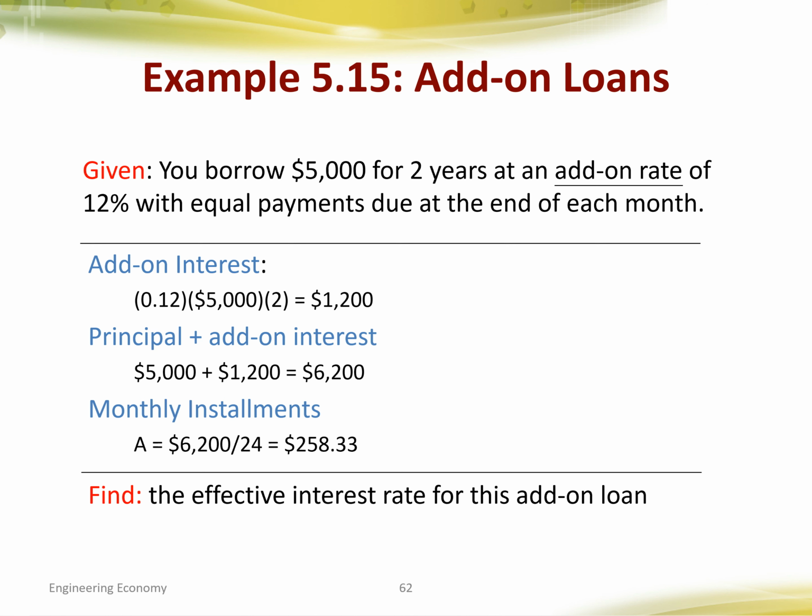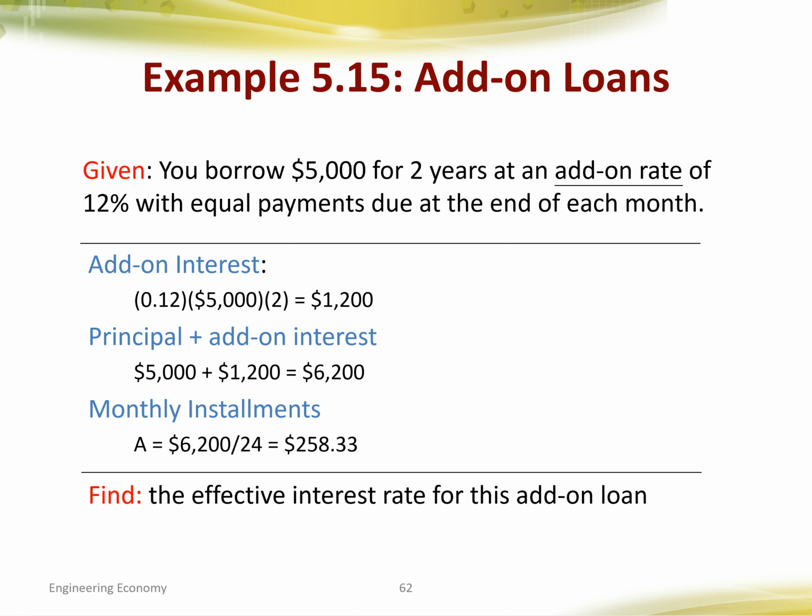The add-on rate is 12%. Well, maybe we are paying 12% per year, or maybe a little bit more, maybe 14, 15% effective rate for this kind of installment payment arrangement. Think about it.